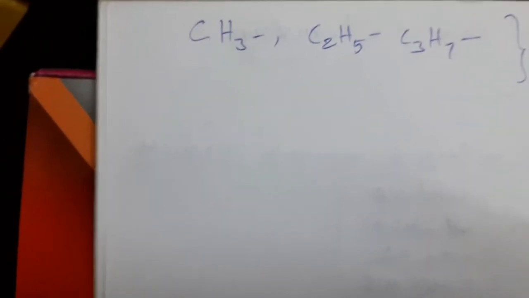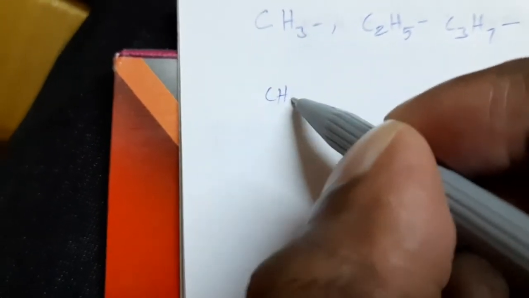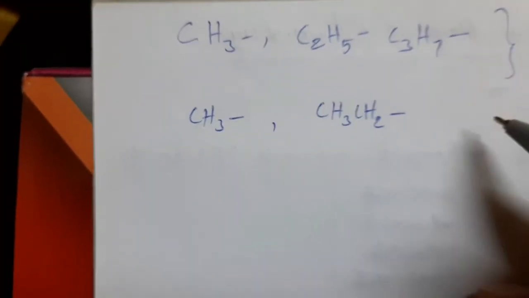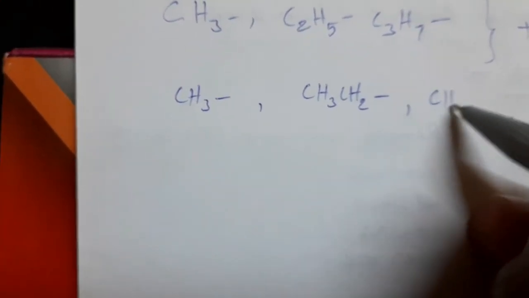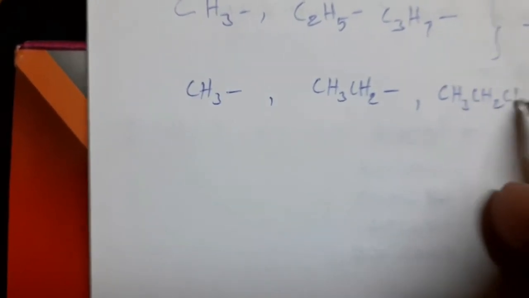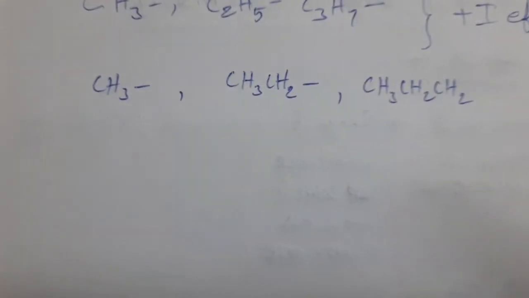They release electrons to the attached carbon atom. In CH3, how many carbon atoms? One carbon atom is there. Ethyl means CH3, CH2. Two carbon atoms are present. C3H7 means three carbon atoms. CH3, CH2, CH2. Three carbon atoms are present.